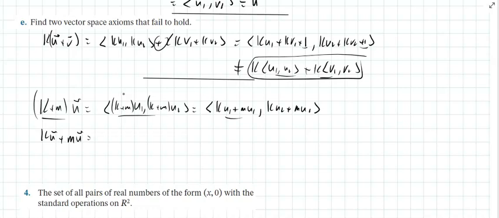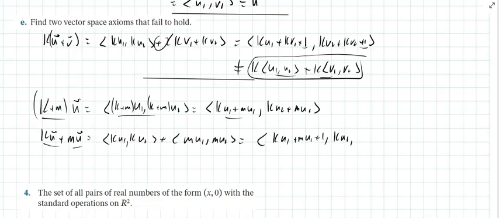But if I use the addition, that's going to be ku1 plus mu1 plus 1, and that's going to be ku2 plus mu2 plus 1.